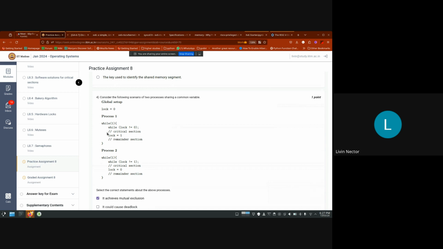So progress is when no other process wants to enter the critical section, a process that requests the critical section should be able to enter it multiple times. If there are no other processes that want to enter the critical section, then progress is achieved, right? Bounded waiting is the other thing. If some process wants to enter the critical section, there should be a finite number of times the other process can enter the critical section before that.